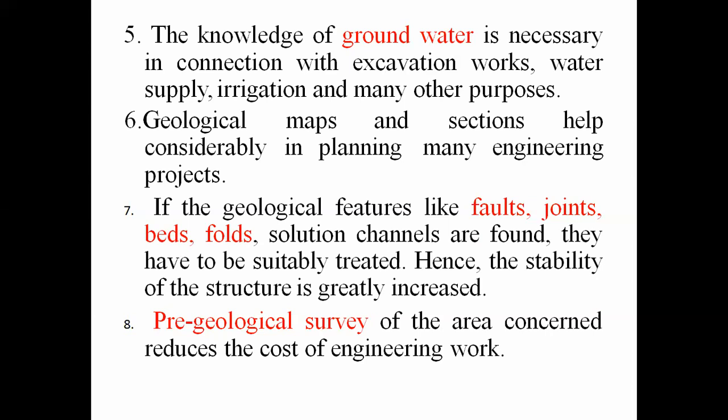We know the two sources of water. One is atmospheric water. The second one is surface water. But there is a huge source of water present inside the earth, and that water is considered groundwater. We extract that water in the form of bore wells, tube wells, etc. And the knowledge of groundwater is very important from the civil engineering point of view.